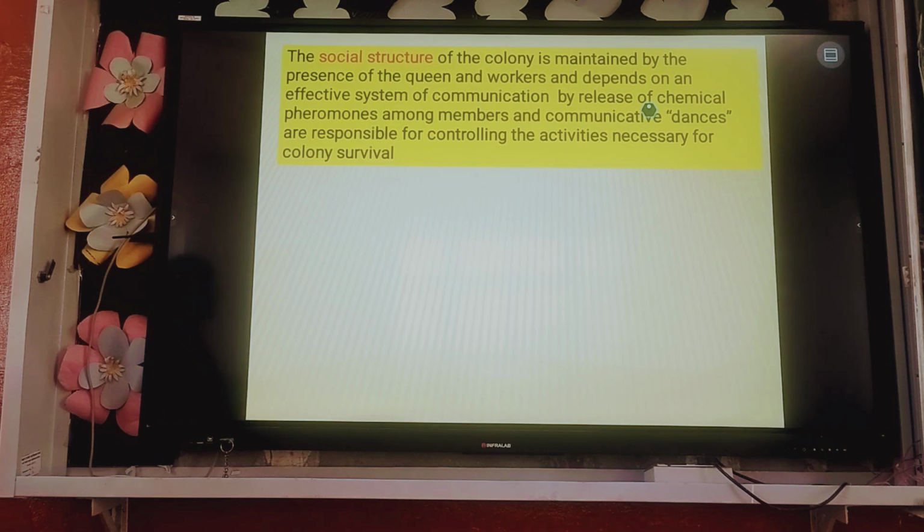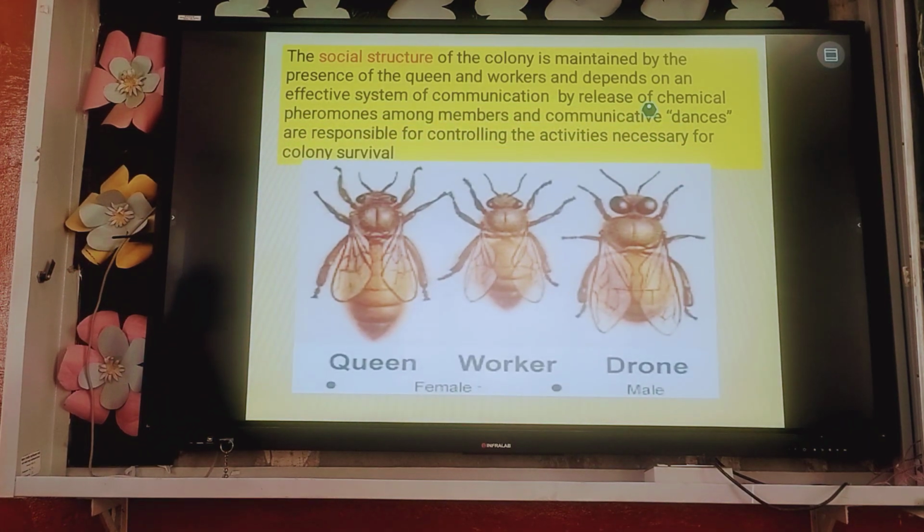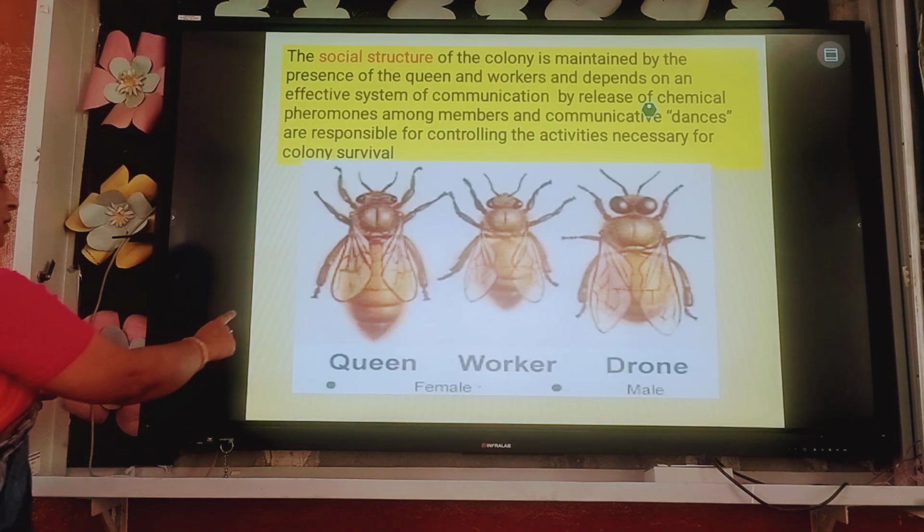That system releases chemicals, which are named pheromones, which communicate and are responsible for controlling the activities necessary for colony survival. Again, social organization, because all three perform different functions. The queen is only one, workers are many, and drones are few, 7 to 8.